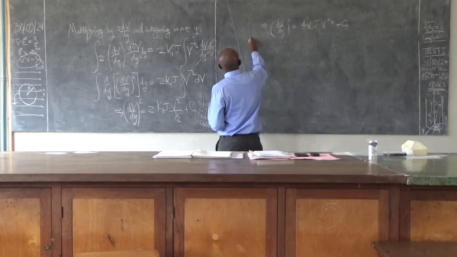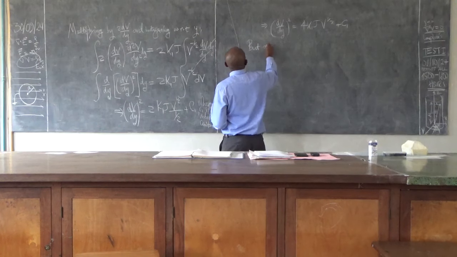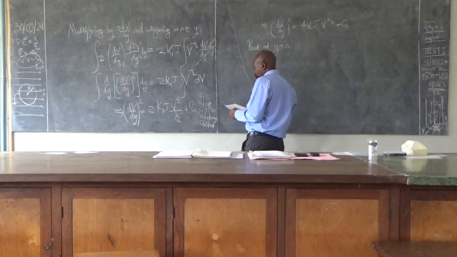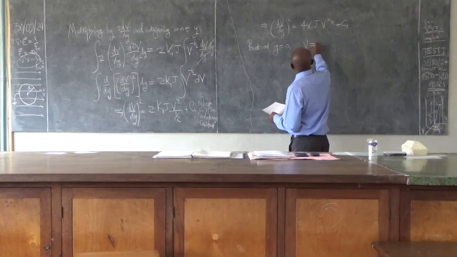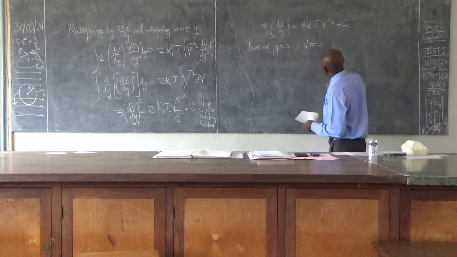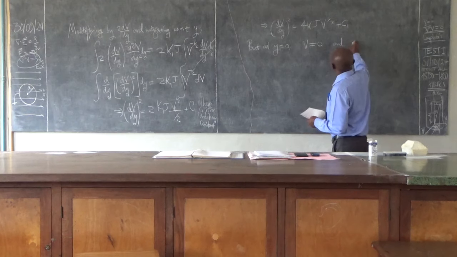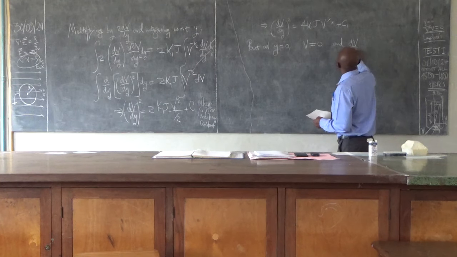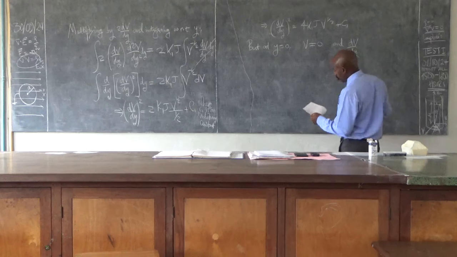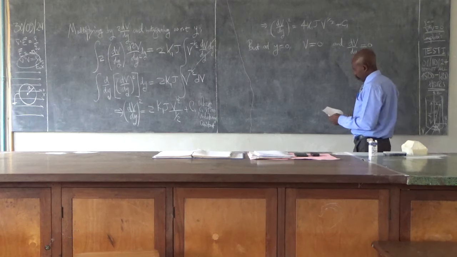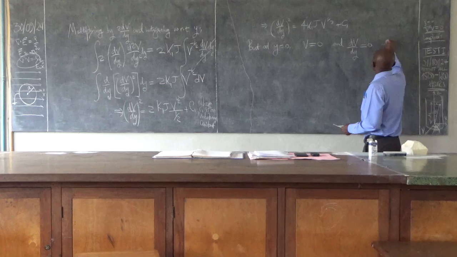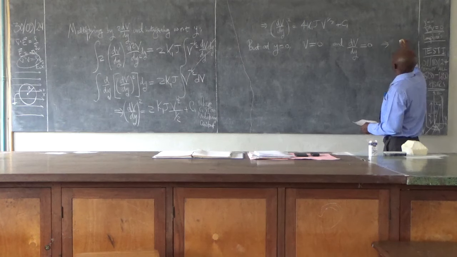But at y equal to 0, the potential is zero, and if that is the case, when you differentiate the potential with respect to y, it also gives zero. And so what would be our C1?